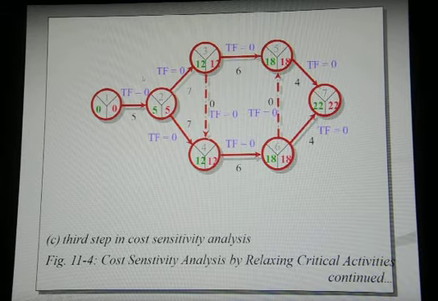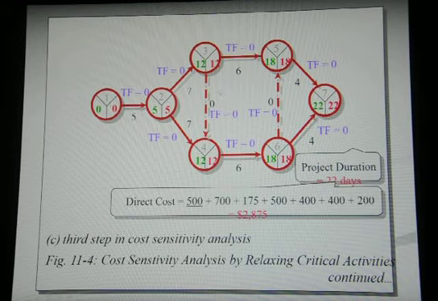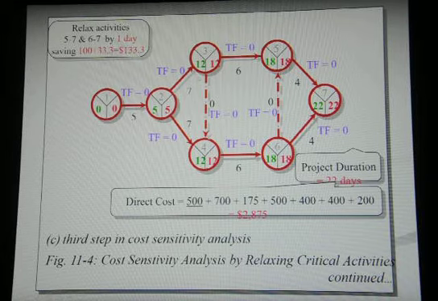Then we are going to relax more. What's after 22? Which activity are we going to relax? We said let's relax activity 5 to 7, and 6 to 7 by 1 day. 1 day means this will be 23, and the cost will be this minus 133.